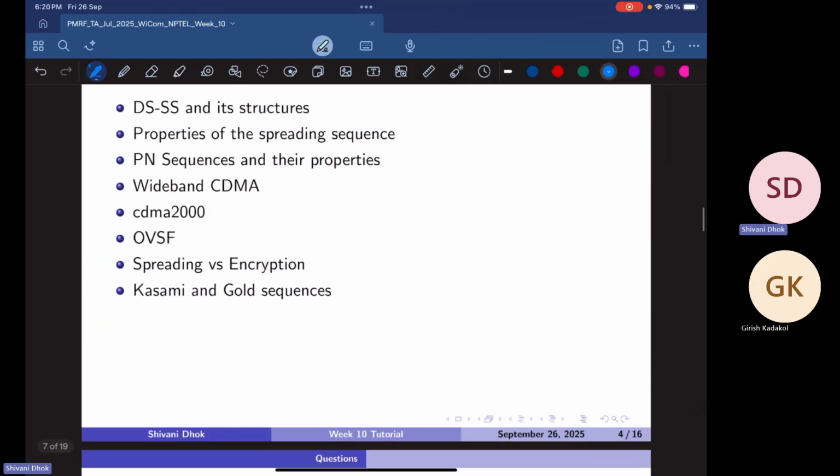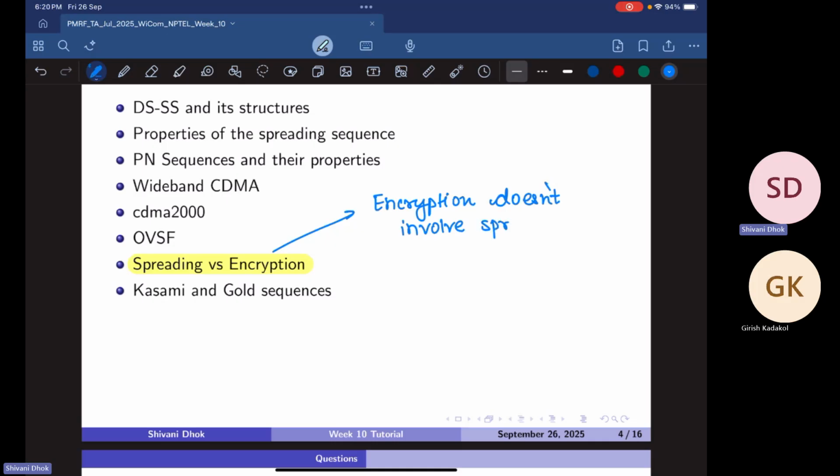Then we quickly looked at the differences between spreading and encryption. We said that encryption does not involve expansion or spreading of bandwidth.